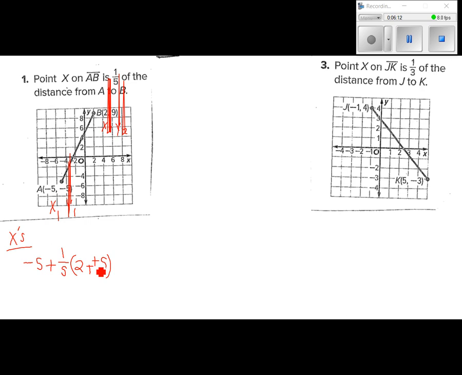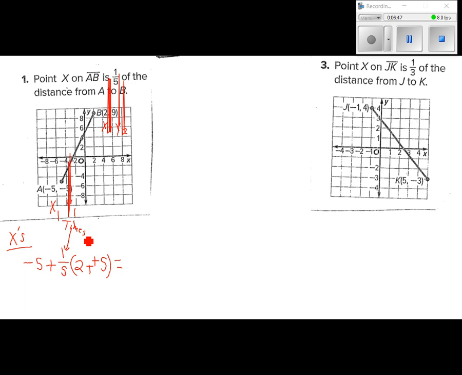Grab your calculators, type all that in. One of my classes I figured out the other day, we were getting the wrong answer. Some of you may have to on some of your calculators, instead of just typing in -5 plus 1 divided by 5 parentheses, 2 plus 5 parentheses, you may have to type in a times sign in between the fraction and the parentheses. -3.6, Sawyer said.